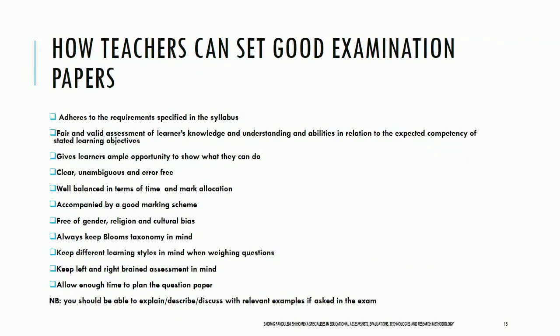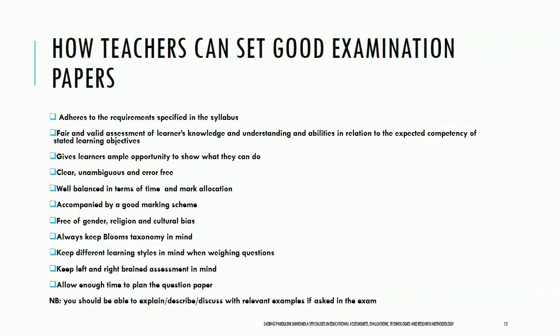For an examination paper, if it should be good, it should be clear, unambiguous and error-free. That examination paper should give learners ample opportunity to show what they can do. Again, remember, we said your examination paper should not ask learners what they do not know, but it should ask them what they know. Hence, it should give them that opportunity to show what they can do, but not what they cannot do.